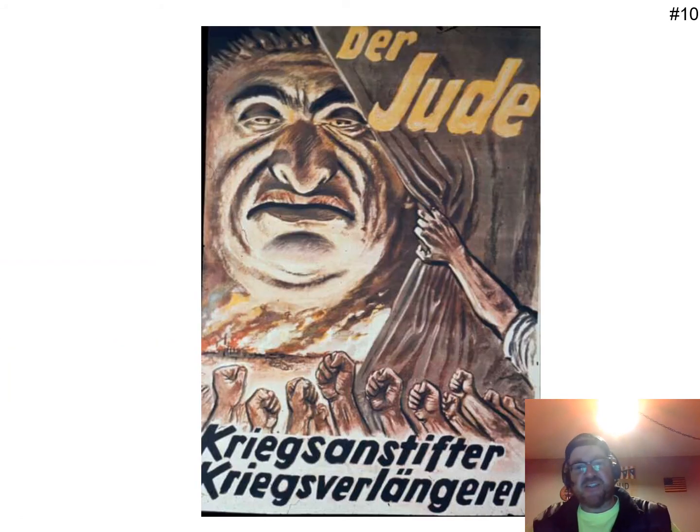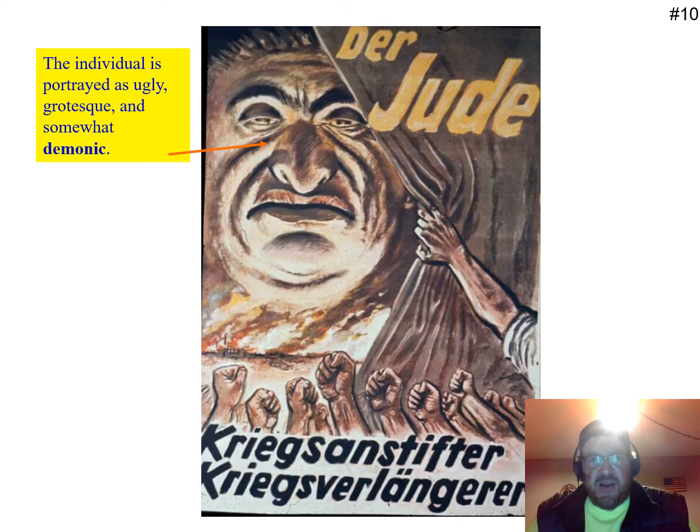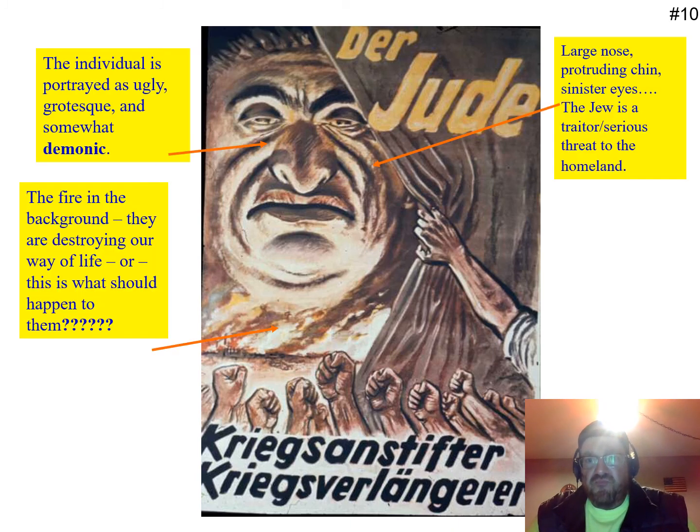All right, now this is the last one I'll show you as far as the Germans go. This is called the Jew, and you can see that they're almost pulling back a curtain, and you have these strong hands fighting this evil man, portrayed as very ugly, again, somewhat demonic.